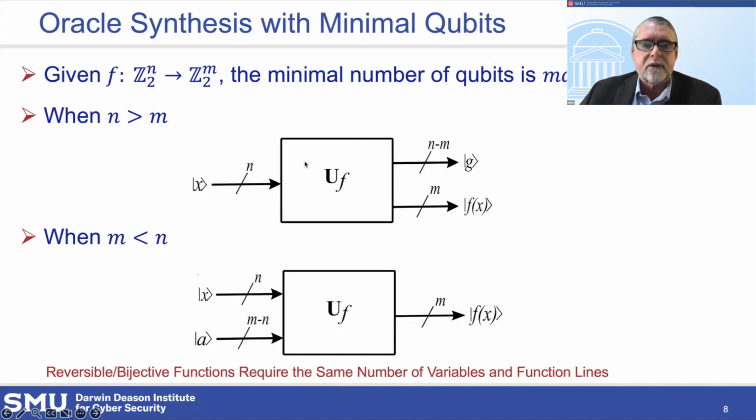This has to be a square unitary transfer function. In the converse case, if we have more bits specifying the range values, then we would need to add m minus n ancilla bits.